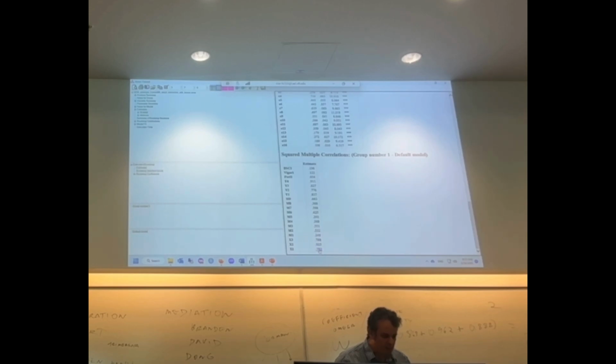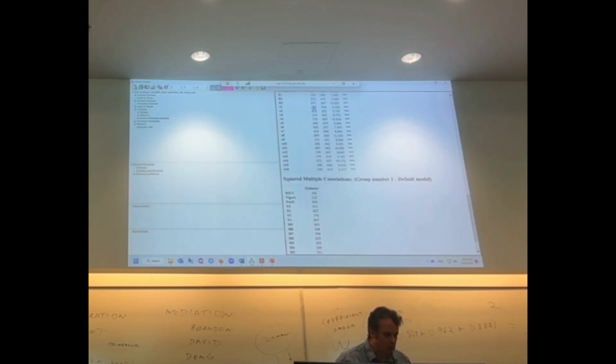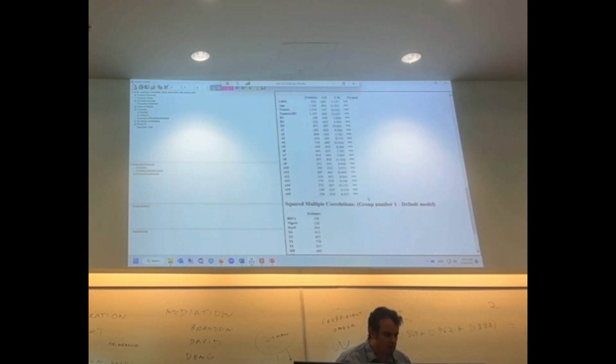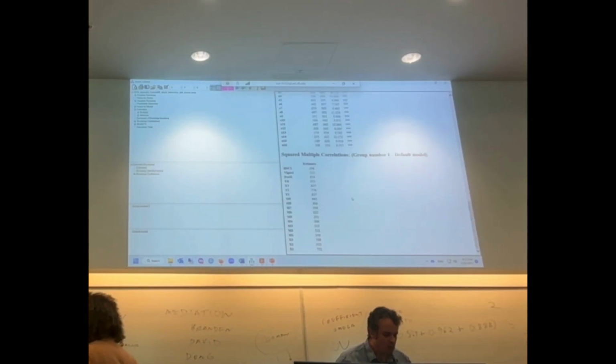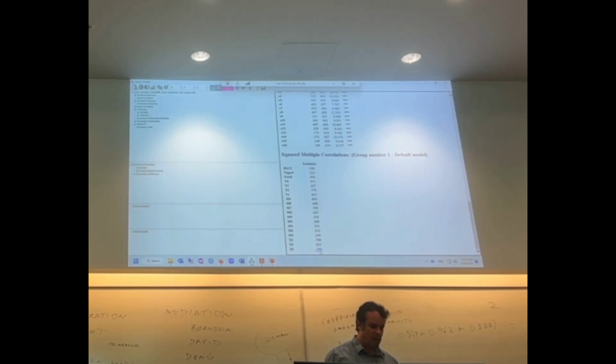R squared is 0.752. The error of 1 is 0.265. No, these are not standardized. So I want to do 1 minus R squared for the error variances.